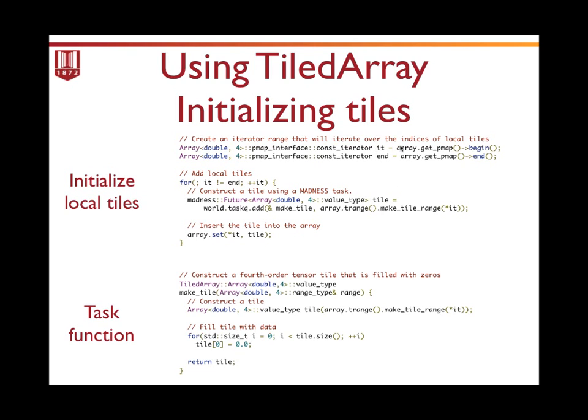One thing I forgot to mention was that we don't want to actually repeat this work for every node, so we provide a convenient iterator that allows you to iterate only over the local tiles for this node. So I could put this in my main thread without any if statements, and every single node would compute a different set of tiles that would eventually go into our array. And these indices are guaranteed to be unique for each node.